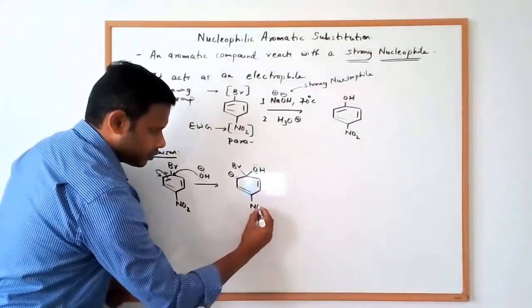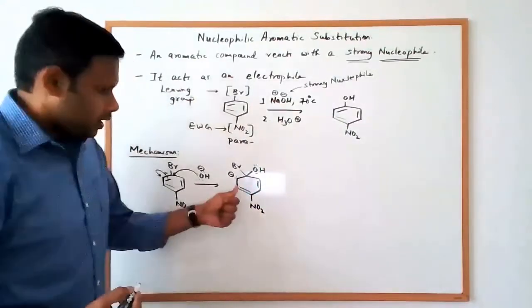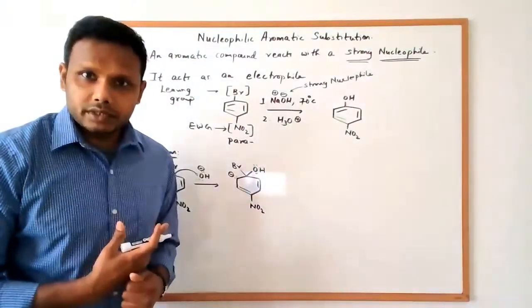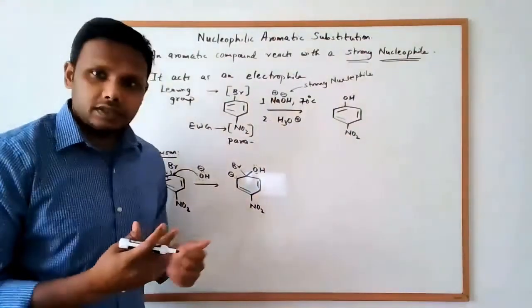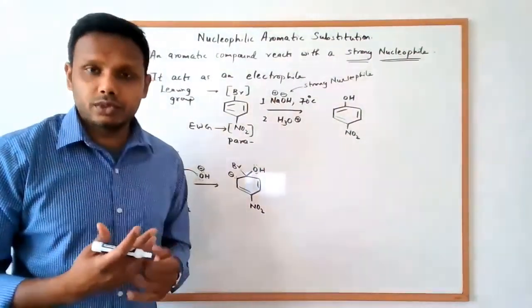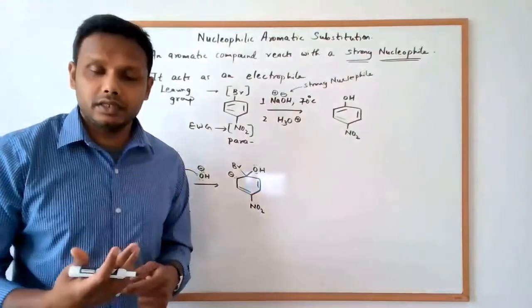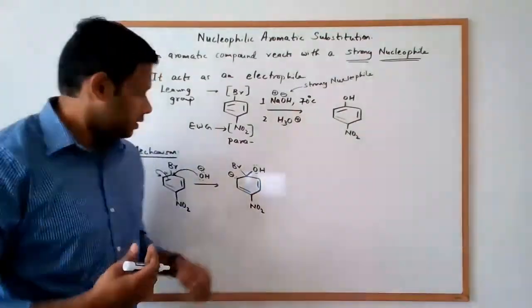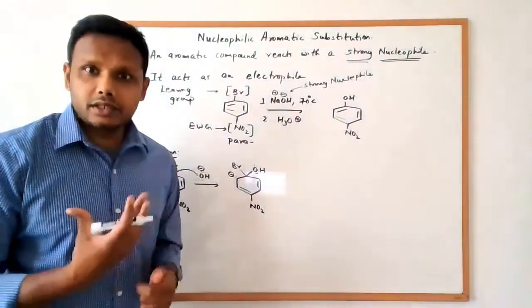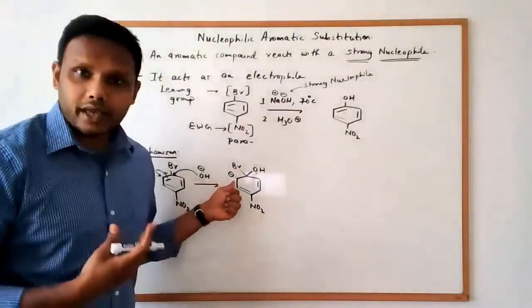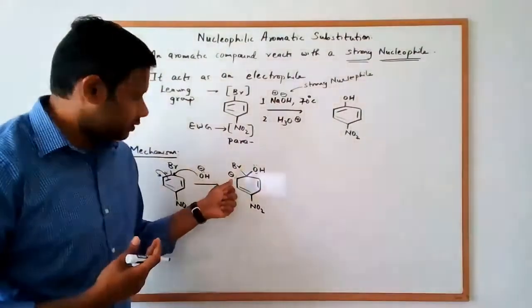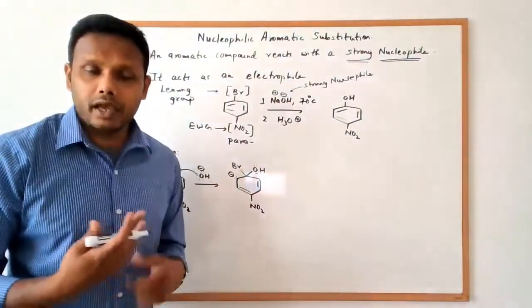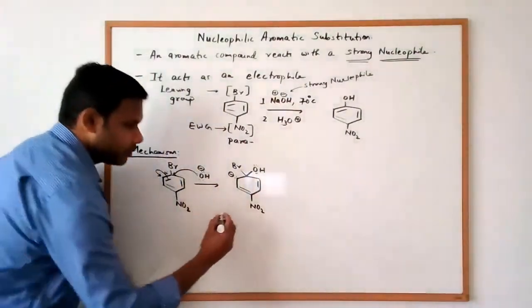So if we look at this complex here, this is similar to the sigma complex that we see in an electrophilic aromatic substitution reaction. The difference is that the sigma complex has a carbocationic nature, while this is carbanionic in nature. So this is a carbanion.